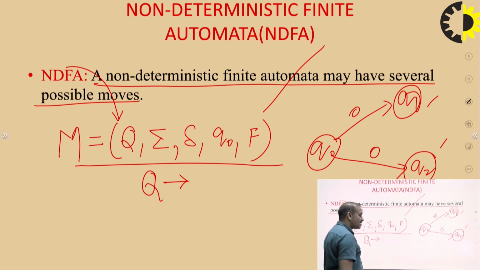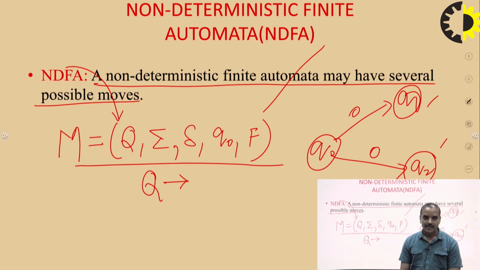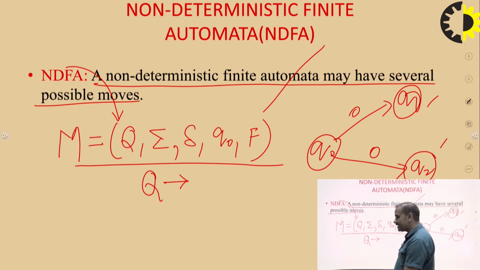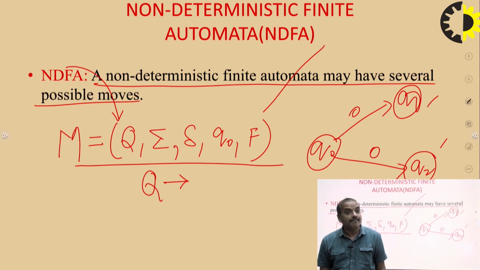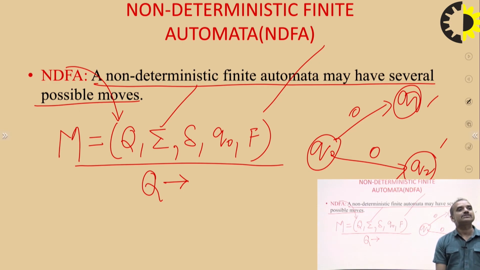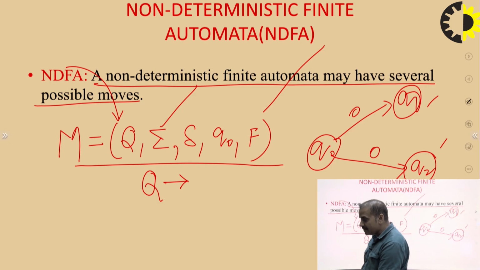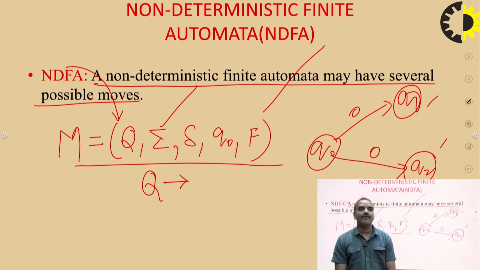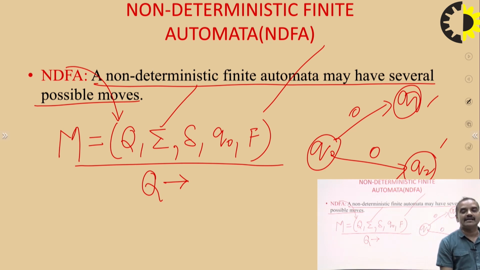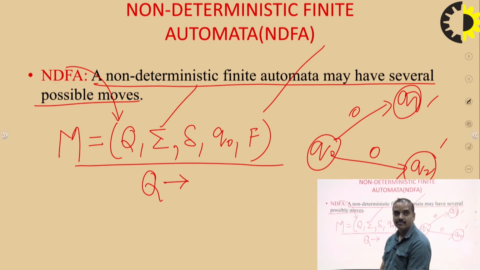Q is the non-empty finite set of internal states. It may be initial, it may be a set of final states, or it may be some other states. Sigma is the set of input symbols, same as previous, also a finite set of symbols. We never take an infinite set, we always take a finite sequence of input symbols.